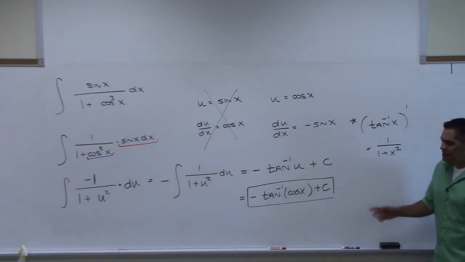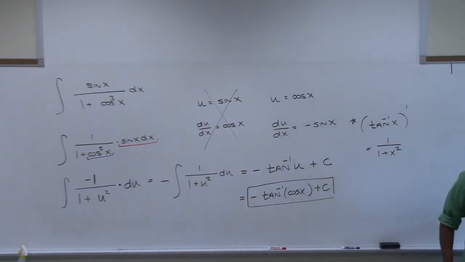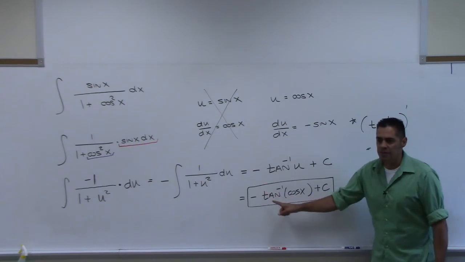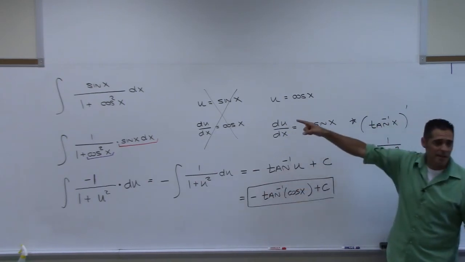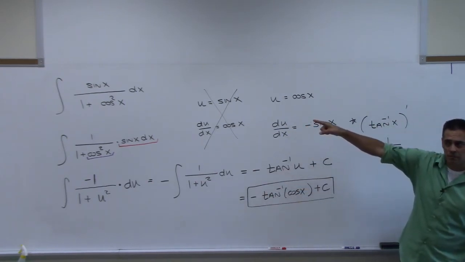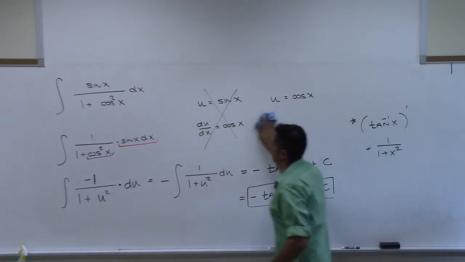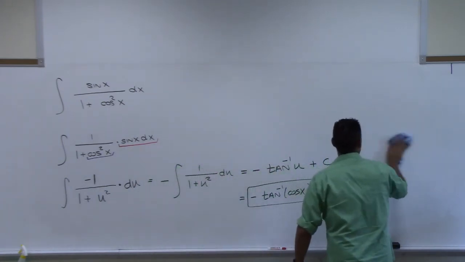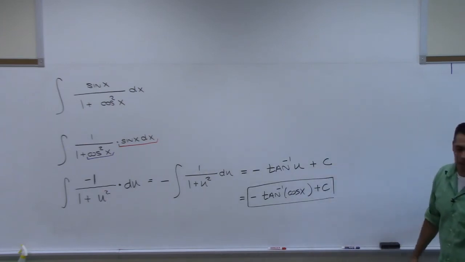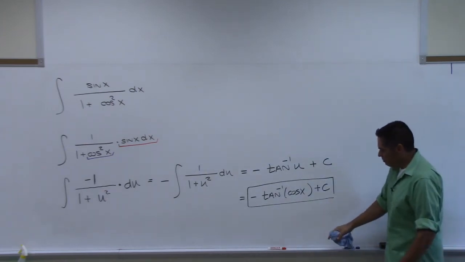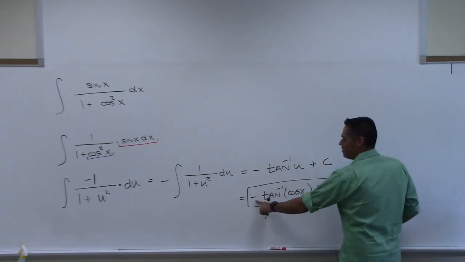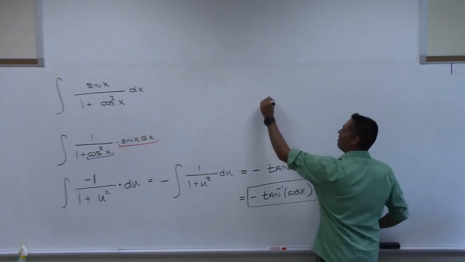So what did I tell you last class the good news was about this? You can always check your answer. So if we were asked to take the derivative of this, we should get that in there, shouldn't we? We should. I'll do it quickly because now we're going into Cal 2, right? So we're all masters at differentiation. Okay, so negative is going to come out here.